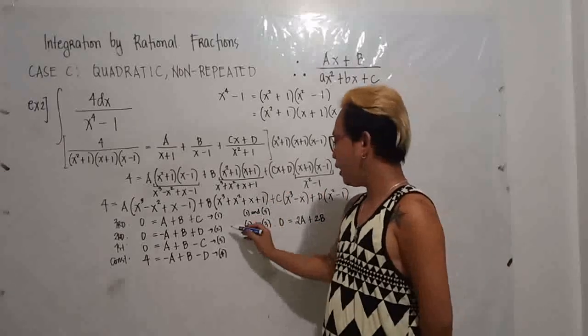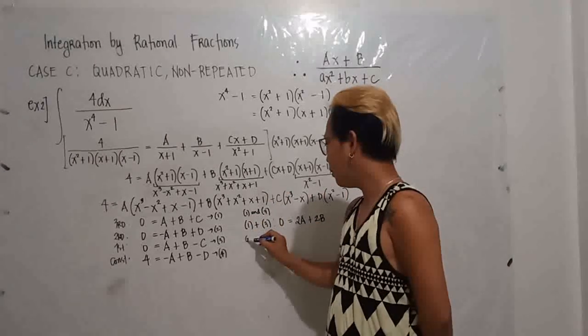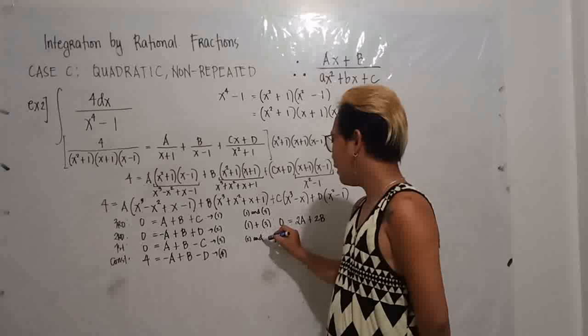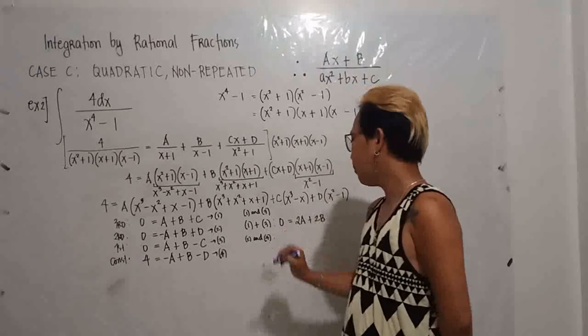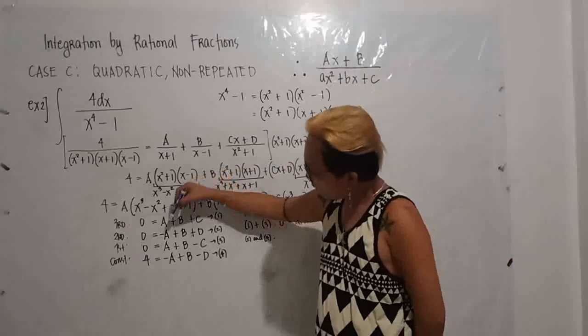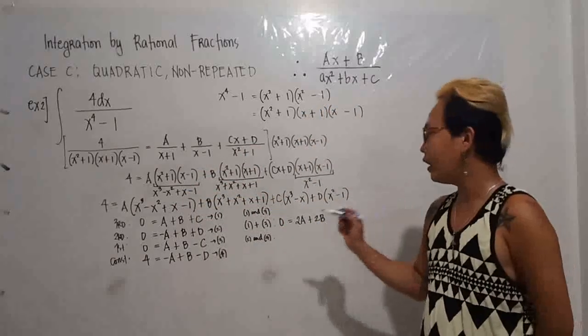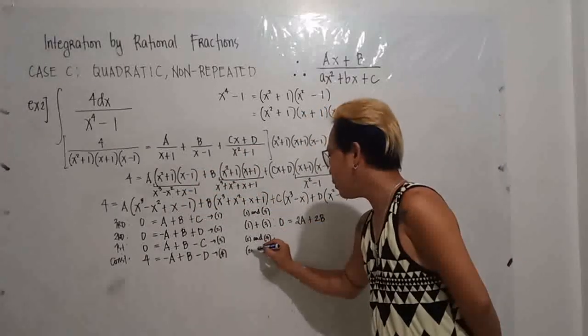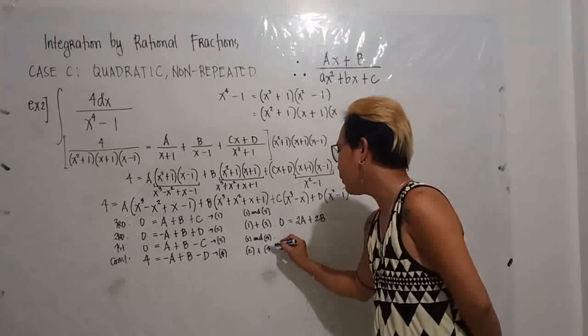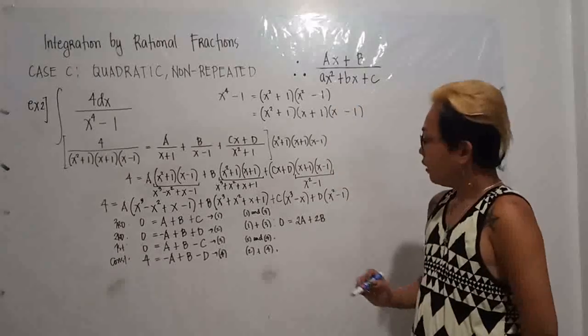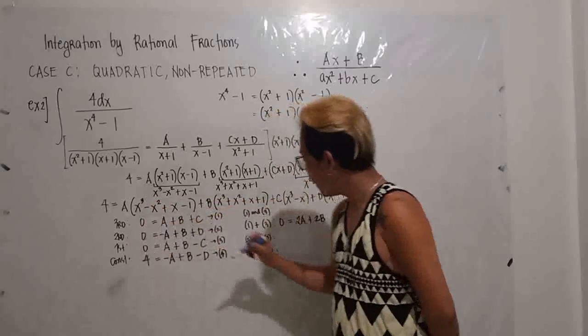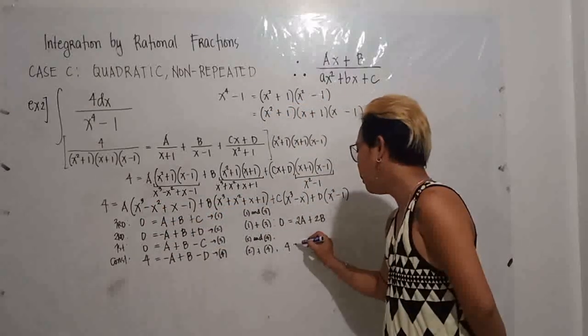Next, using equation 2 and equation 4, if you will notice, parehas din sila. Ang pinagkaiba nila is si D. So, pwede natin silang i-add. So, equation 2 plus the equation 4, you will now have 0 plus 4, and that is 4.